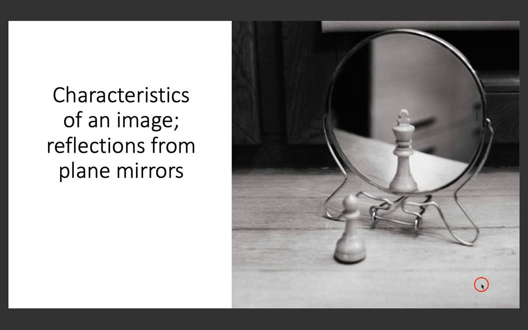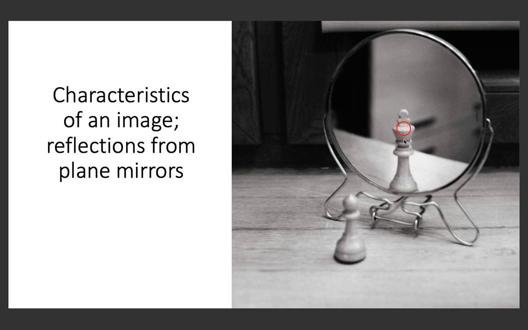So we're just going to run this like we usually do. I have some PowerPoints and there are some questions that you'll be working on today. This PowerPoint is on characteristics of an image and reflections from plane mirrors. We talked earlier in the week about the laws of reflection, and we're going to use that knowledge to better understand how images actually form in mirrors.